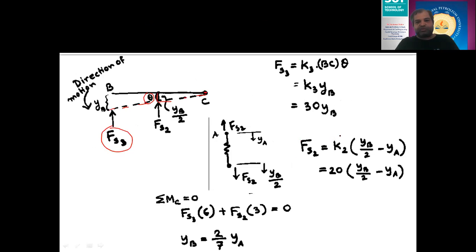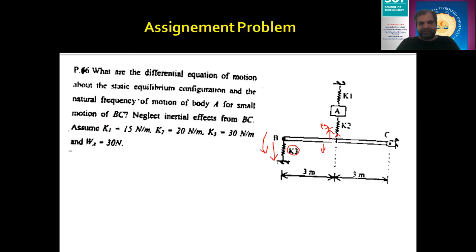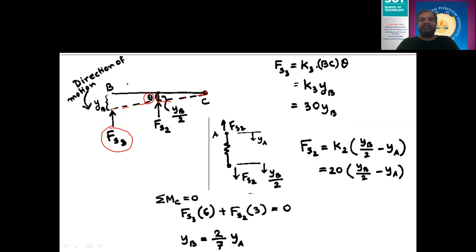I am putting this Fs2 here. So for this lamina, the spring forces will be there. Here we are not considering the inertial force on BC, because it has been given that you need to neglect the inertial effect from BC. So I am not considering the inertia force for this BC lamina.